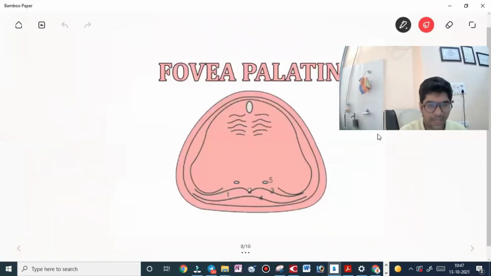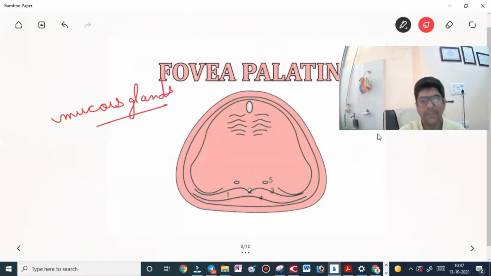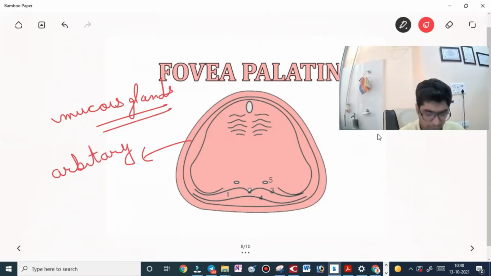Next comes the fovea palatini. Fovea palatini are formed by coalescence of the mucus glands. So remember this fovea palatini acts as an arbitrary guide to locate the posterior border of the denture.